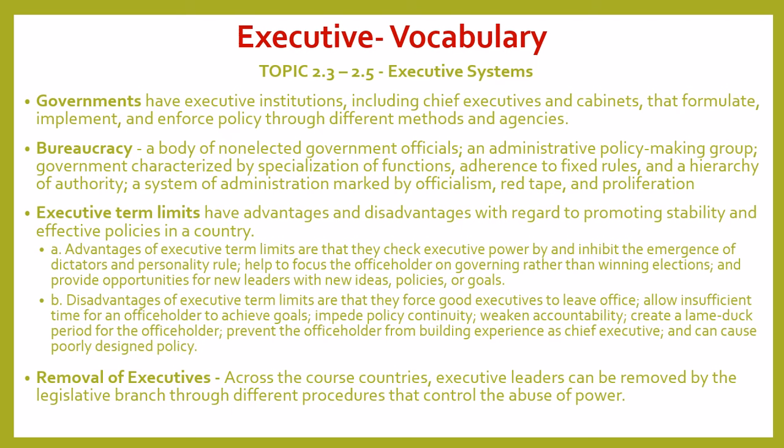Most all governments have bureaucracies, and they're used by the executive in different ways. They do have specialized functions, so there is a whole bureaucracy surrounding the State Department, and there's a whole bureaucracy revolved around the EPA. So they are specialized functions. They do have to adhere to fixed rules. There is a hierarchy of authority.